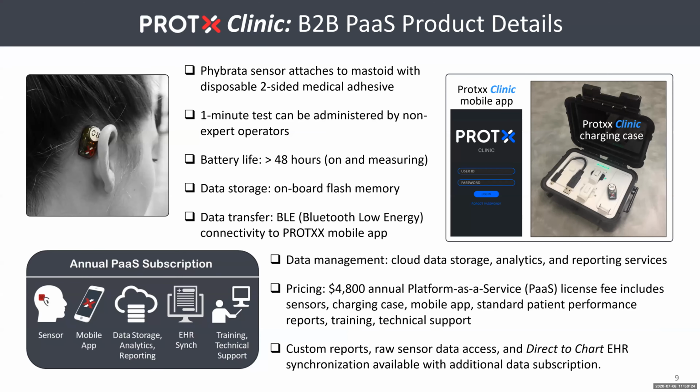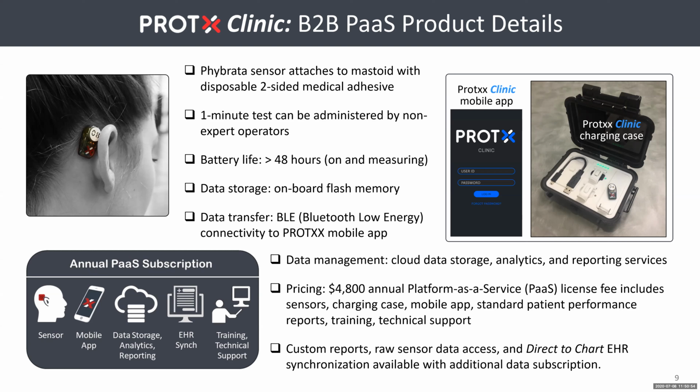The slide highlights key details of our current business-to-business commercial offering, the Protxx Clinic platform as a service solution. It integrates the Vibrata sensor, a mobile app for configuring and running tests, and cloud-based data analytics and reporting services. The $4,800 annual license fee that we charge for the standard product includes 2 sensors, a charging case, the mobile app, a set of standard patient performance reports, and then all the training and technical support they require.